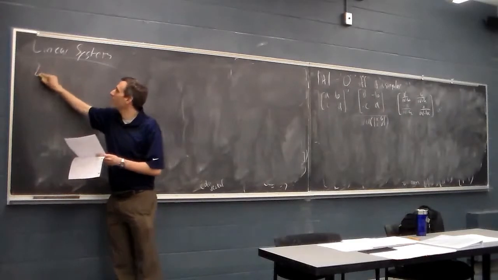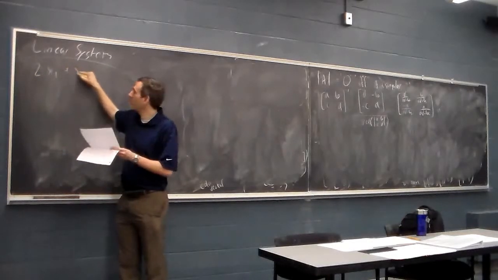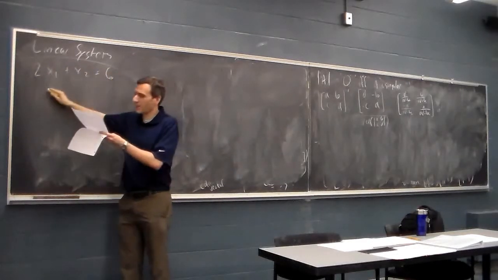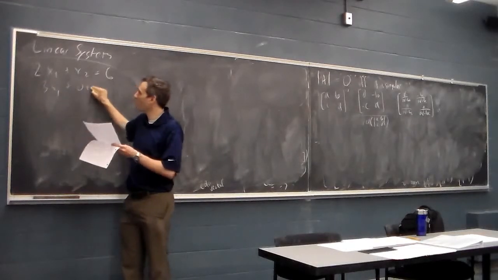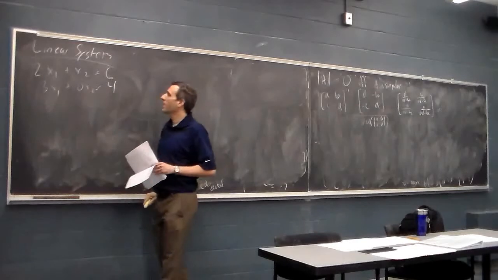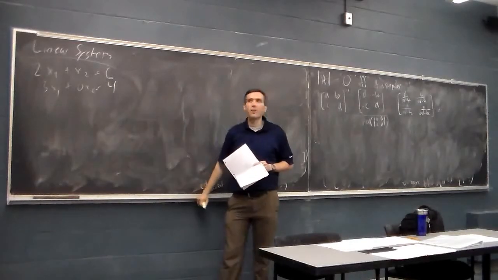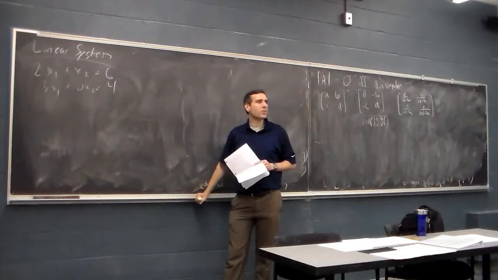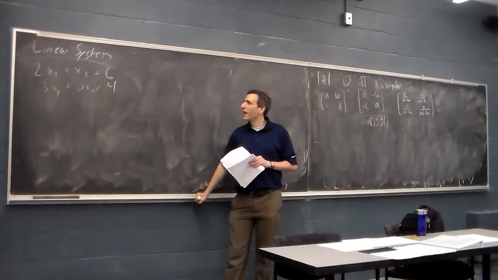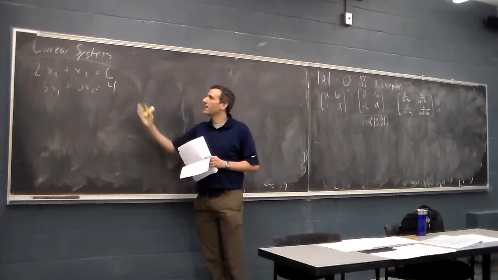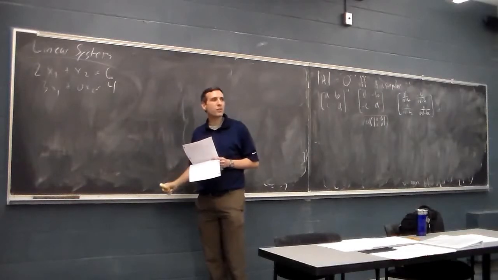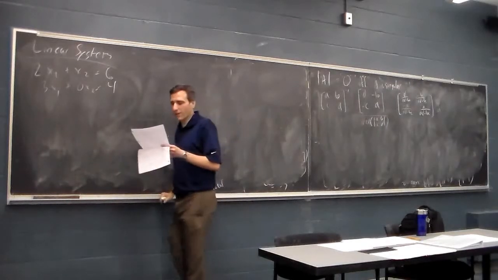So something like 2x1 plus x2 equals 6, 3x1 plus, let's say, 0x2 equals 4. This would be an example of a linear system of equations. And linear algebra notation will often give us a convenient way of writing these systems, but also convenient tools for working with them and solving them.